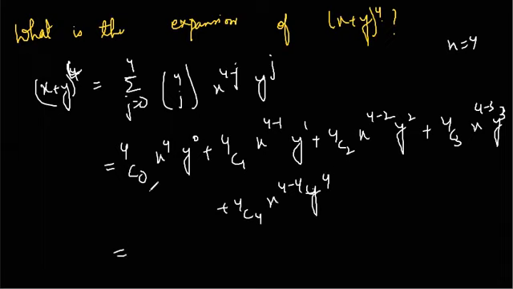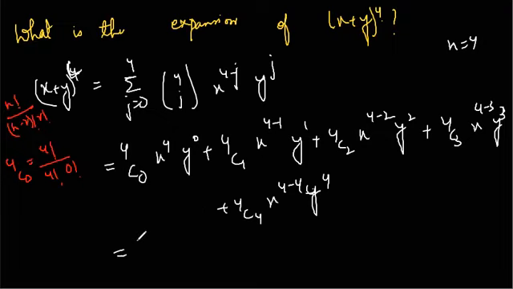Now we have to find the value of 4C0. This is 4 factorial by 4 factorial into 0 factorial. If you remember, the formula is n factorial by (n minus r) factorial into r factorial. So 4C0 is basically 1.